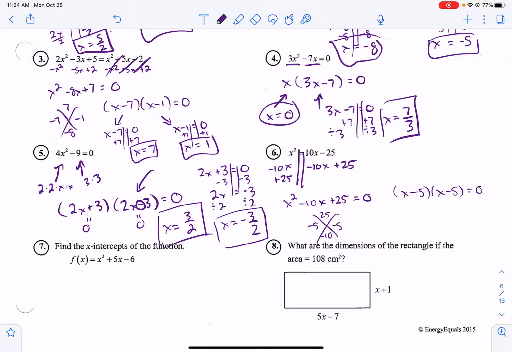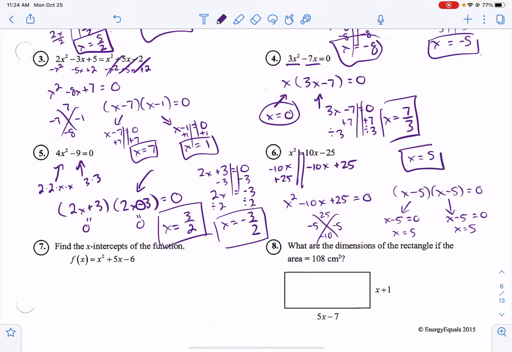Well, this one's a little bit different than our other ones because both of these become x minus 5 equals 0. So this one becomes x equals 5, and this one becomes x equals 5. Please do not tell me that the answer is x equals 5 and 5. That's the same number.